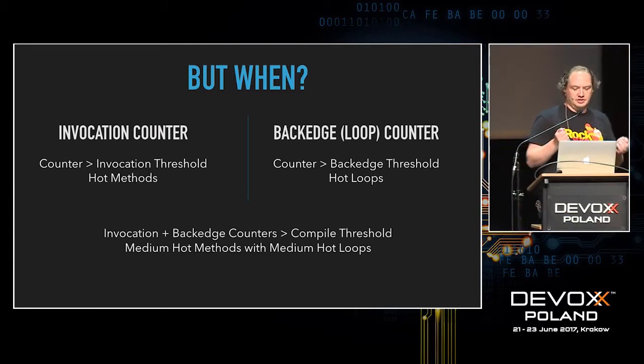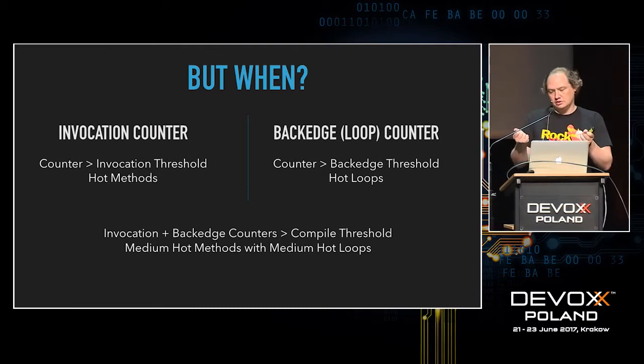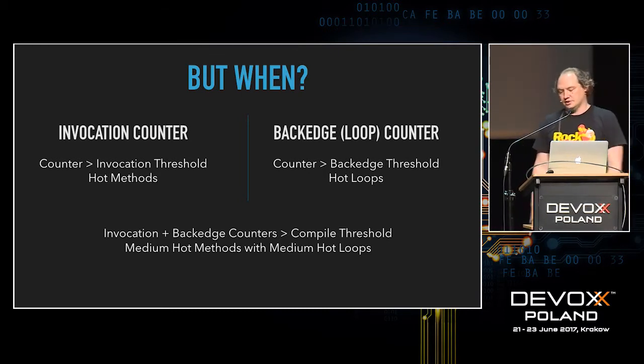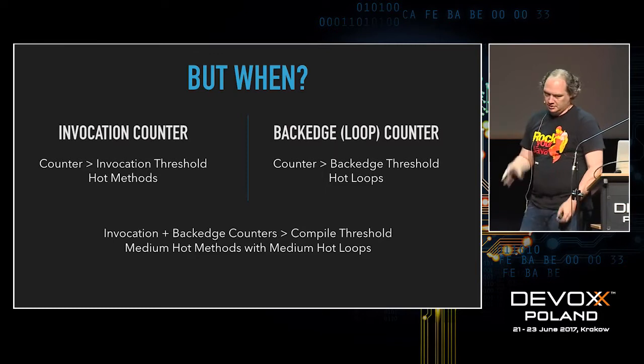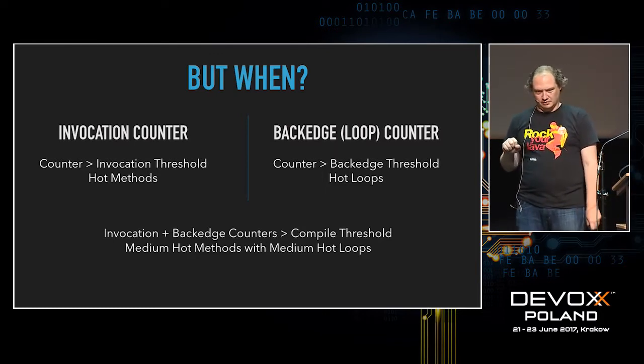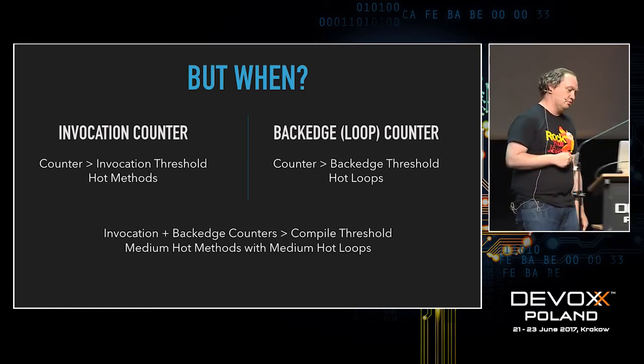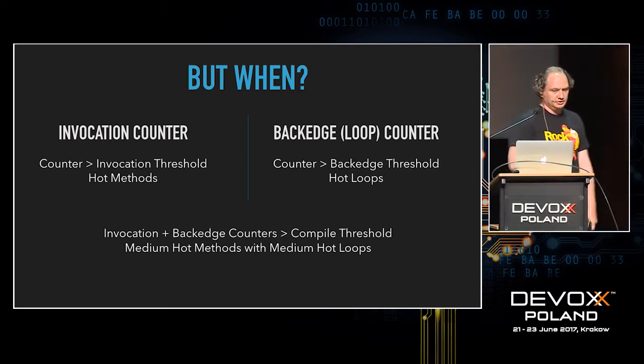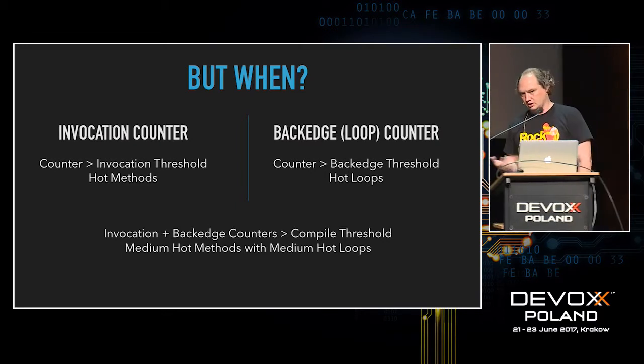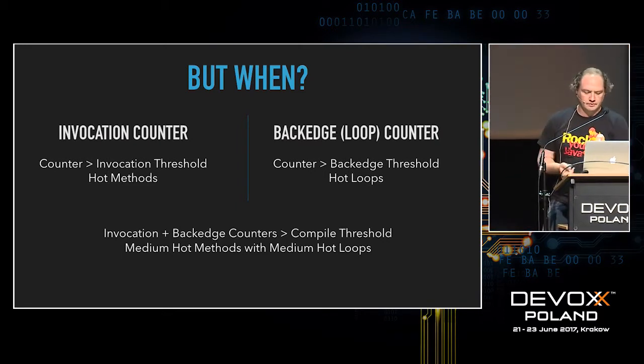But you can also use these two in combination to pass a threshold to compile methods that have been called a little bit and also have loops that run a little bit. Because otherwise, those things might take a really long time to get just-in-time compiled. And that would not be good. Think of something like ArrayList indexOf.